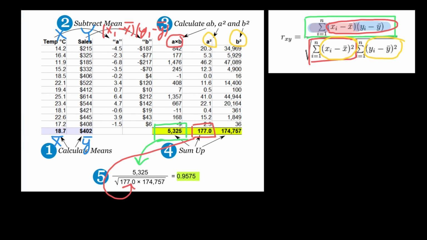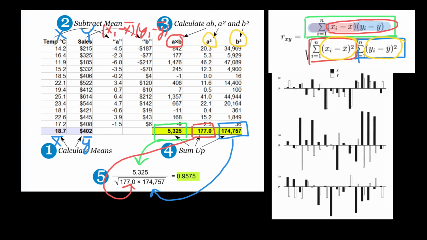And in our formula, this is going to be this part. And now this number, the sum of this column, and this number go here, and we take a square root, and this is going to be our Pearson correlation number.